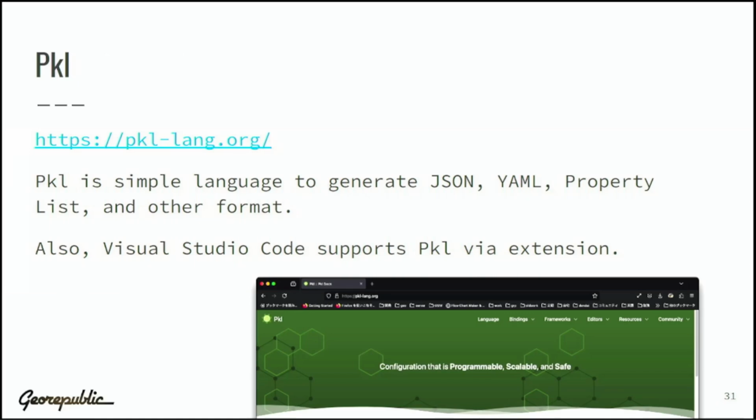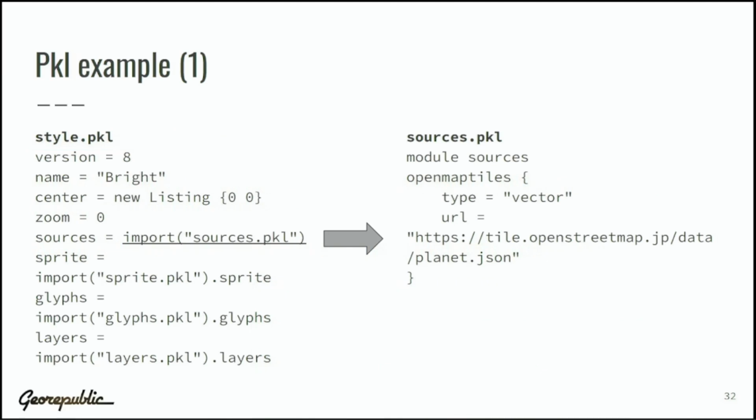Today I introduce Pickle. It's a simple language to generate JSON, YAML, property list, and other formats. It is designed by Apple, and Visual Studio Code supports Pickle via an extension. In the Pickle example, you import sources from a PKL file.